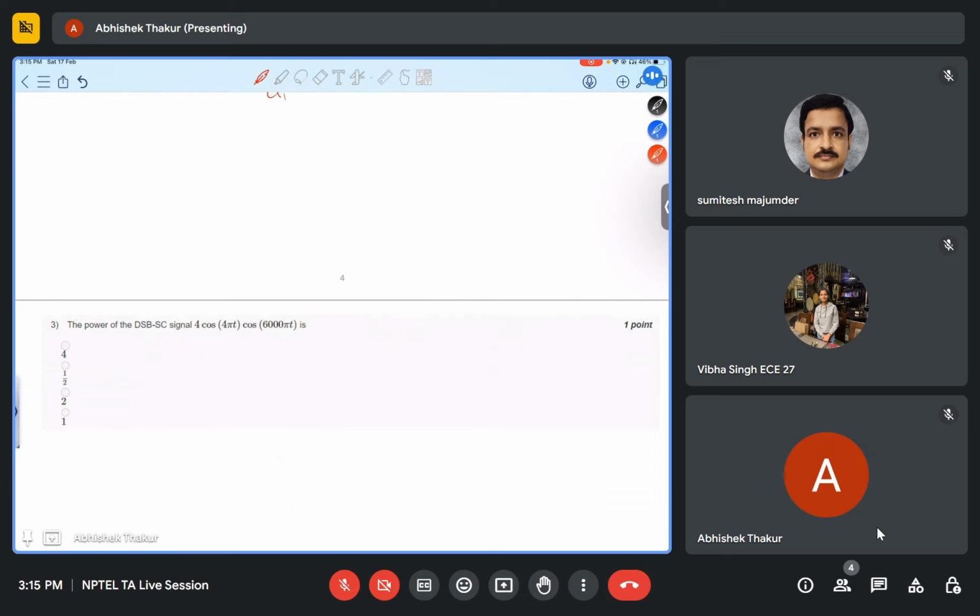The signal is given for DSB-SC. The signal is given as x(t) equal to 4 cos 4πt cos 6000πt.